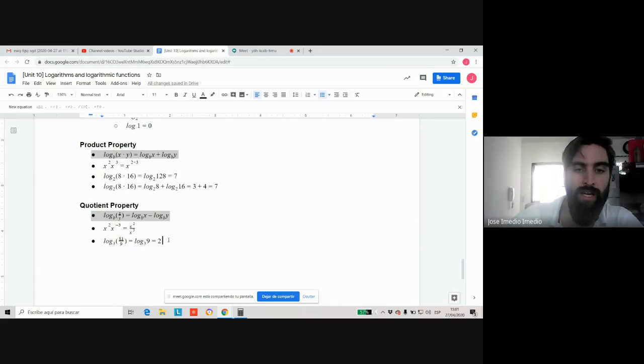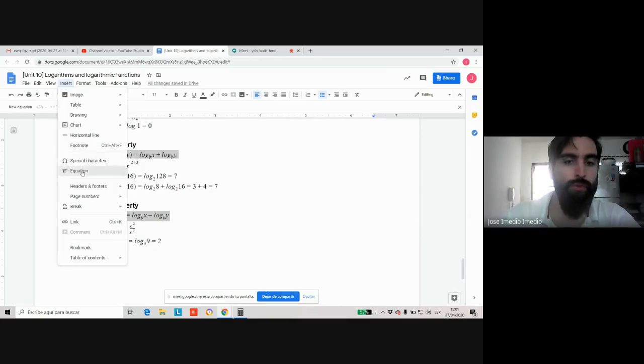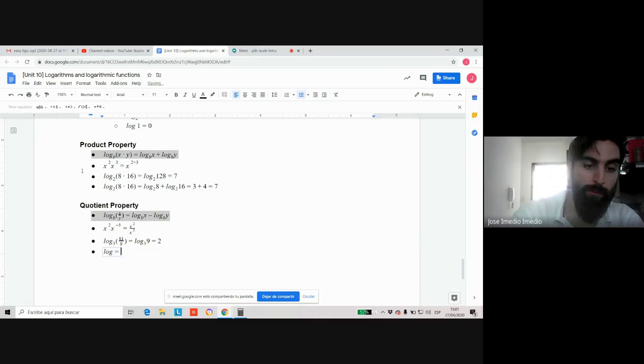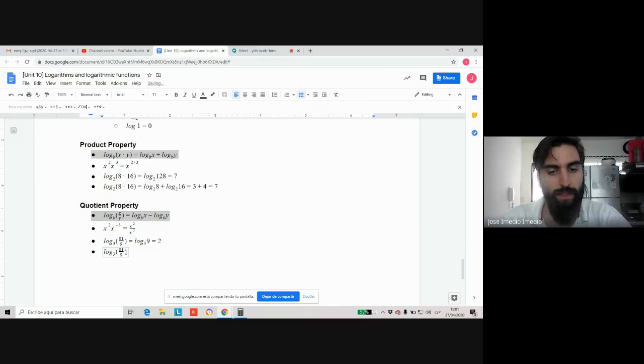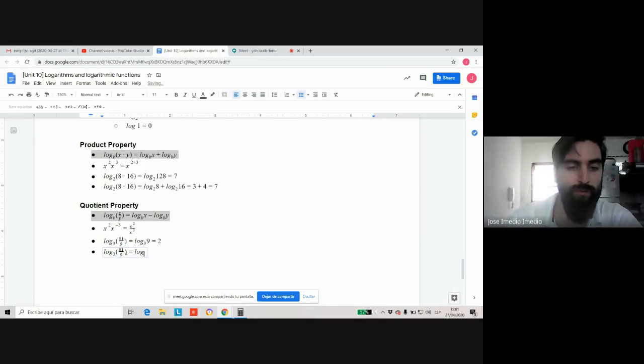Okay? And if we apply the property, we're going to say that the logarithm base 3 of this quotient is going to be the difference, the subtraction of the logarithm base 3 of 81 minus the logarithm base 3 of 9.